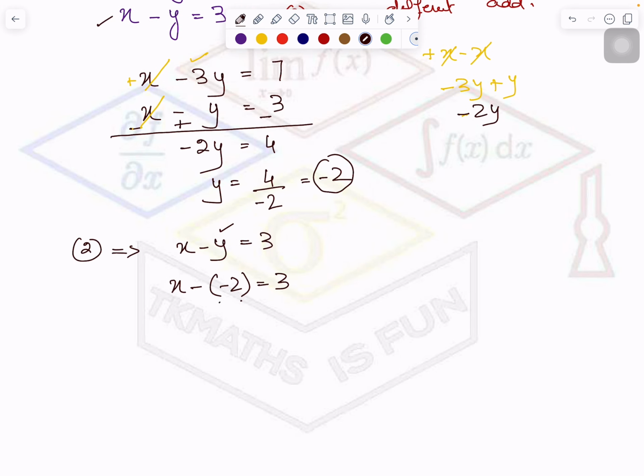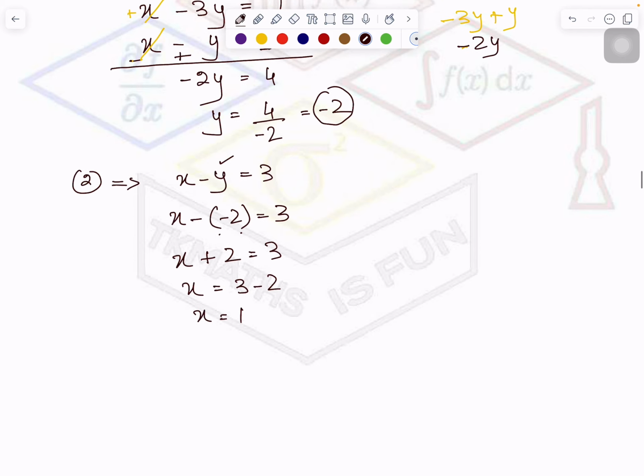This is a common mistake, so be very careful. Minus times minus is plus. So x equals 3 minus 2, x equals 1. So my answer is 1 comma minus 2, right? This is the answer of question number 2.